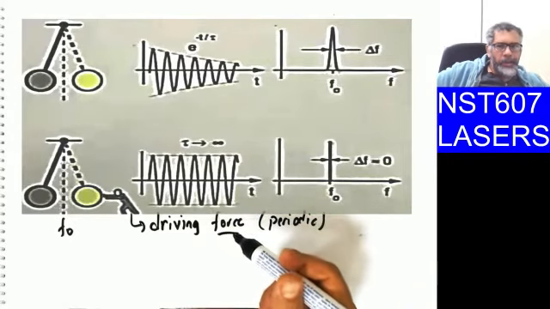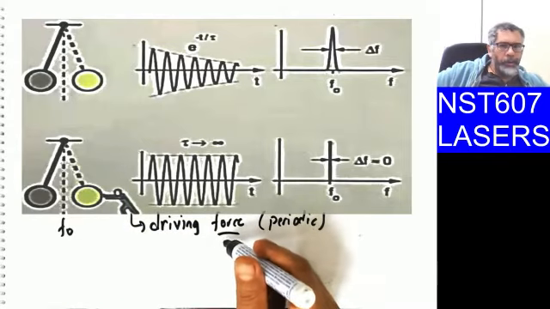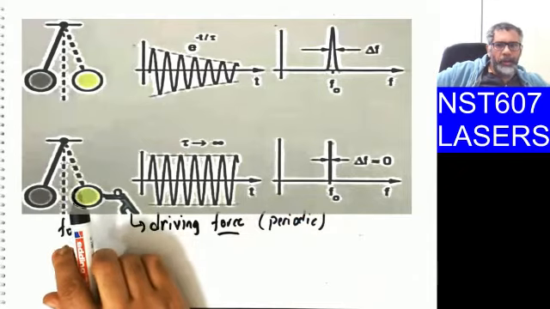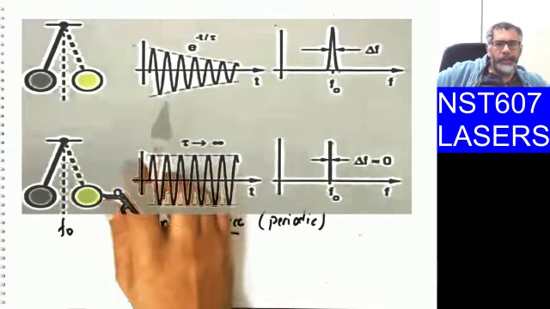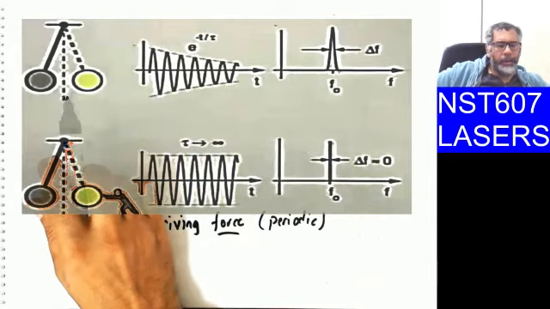The question is, what should your force frequency be so that this driving will get rid of the damping in your oscillator?